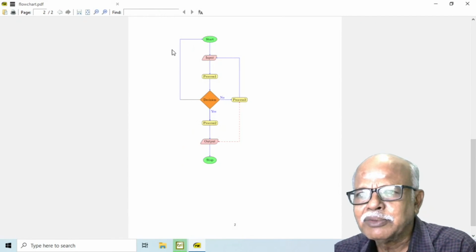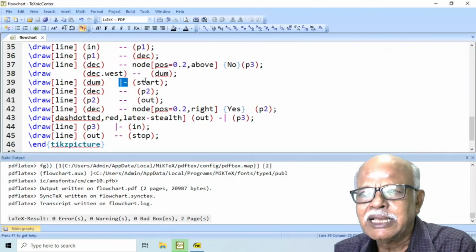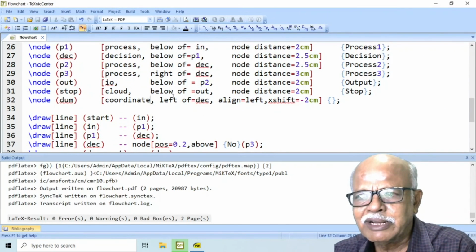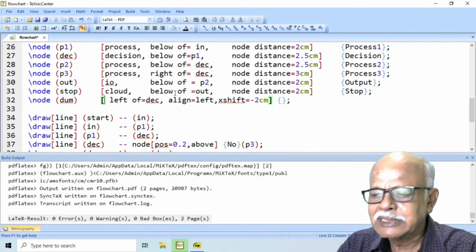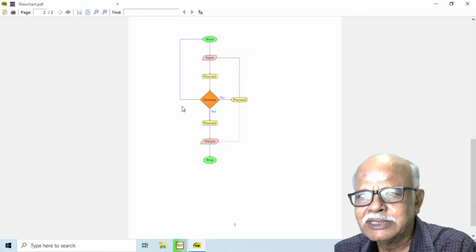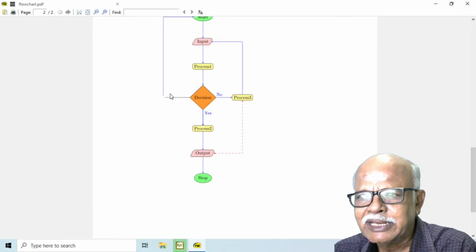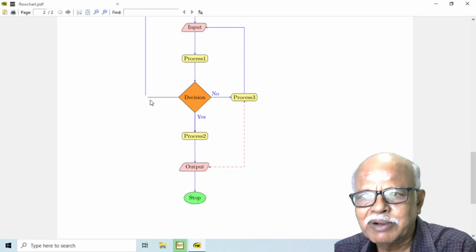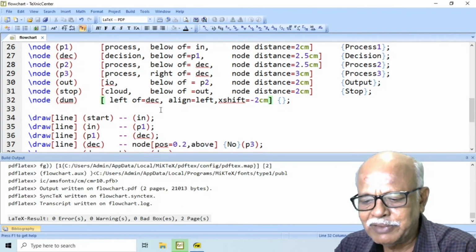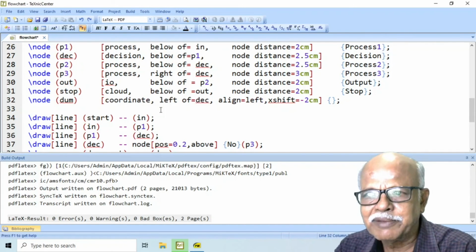Now you will have this line. Suppose we have not given the coordinate here, let us say, then you will find there will be an invisible node of a particular dimension, therefore the lines will not meet. That is why we say coordinate here.